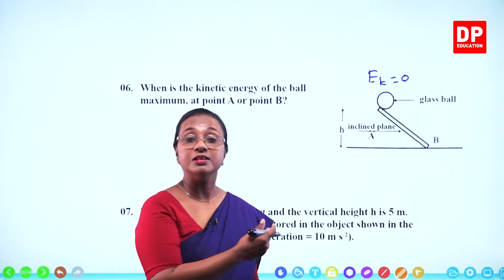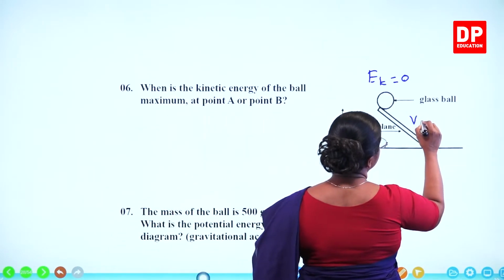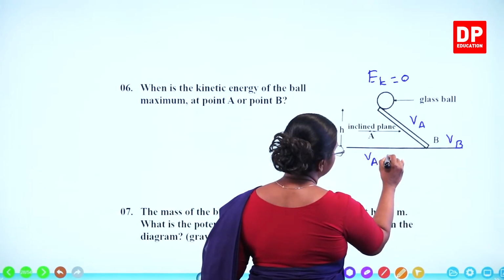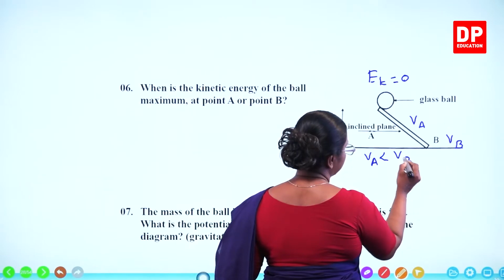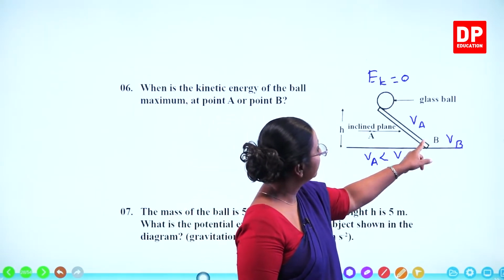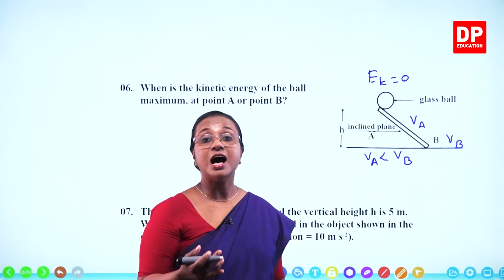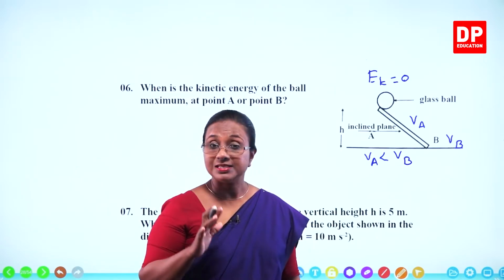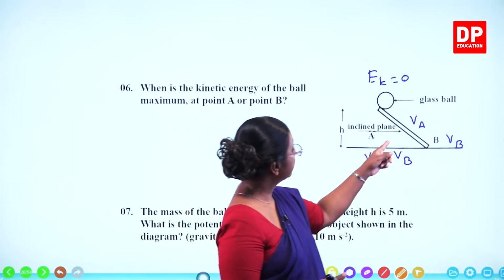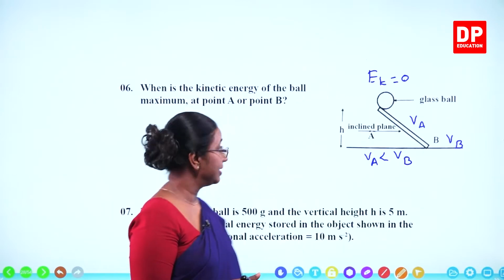As it goes down, the velocity will increase. So because of that, if we write this as VA, this as VB, VA will be less than VB. So because of that, the kinetic energy at this point will be the maximum. Why? Kinetic energy is half mv squared. Mass is the same, kinetic energy depends on velocity. So since Vb is greater, kinetic energy will be highest there.